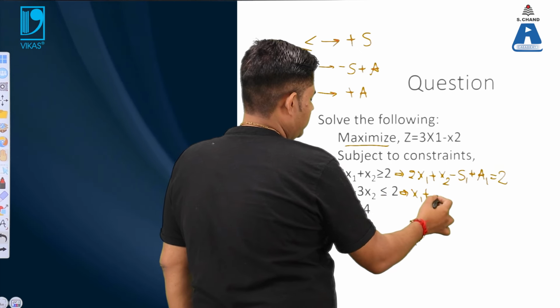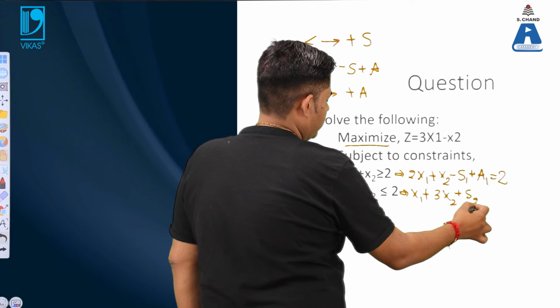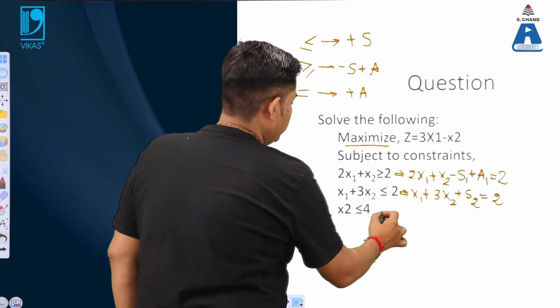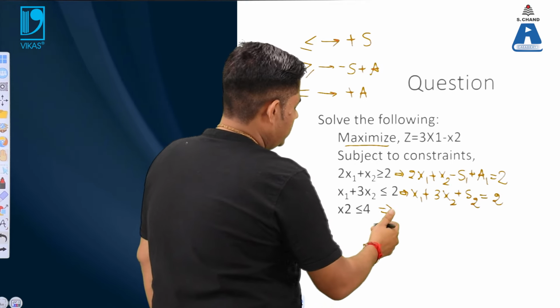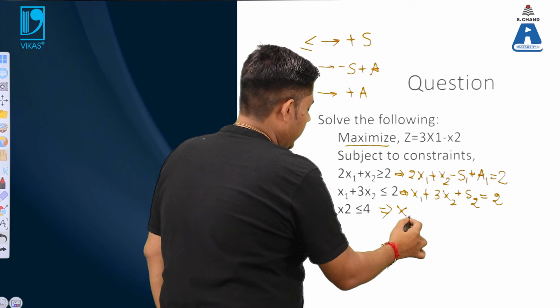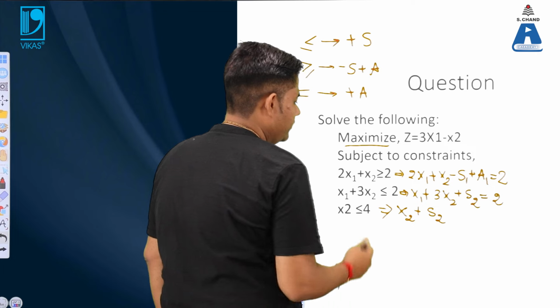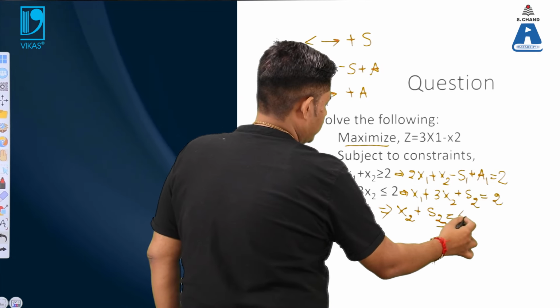So it is x1 plus 3x2, so I need to add a slack variable to it and put it equal to 2. Then you have another constraint, which is x2 less than or equal to 4. So we will add a slack variable to it, let's say s3, and that would be equal to 4.